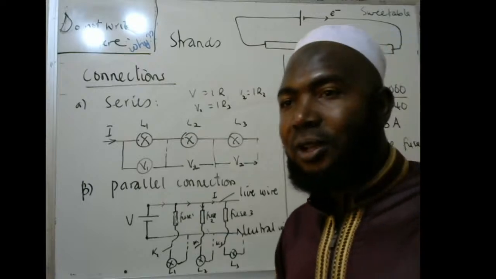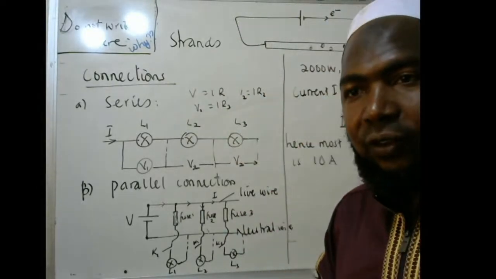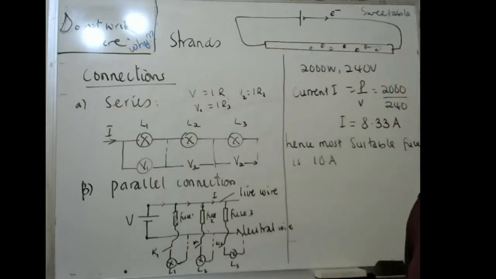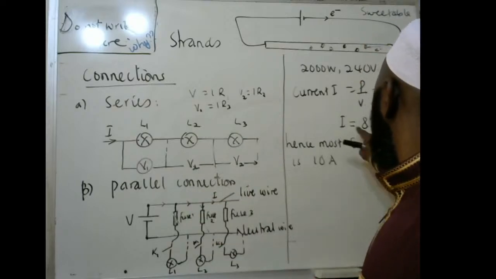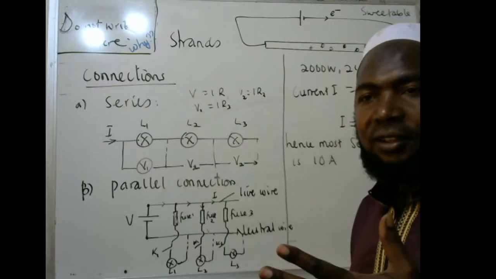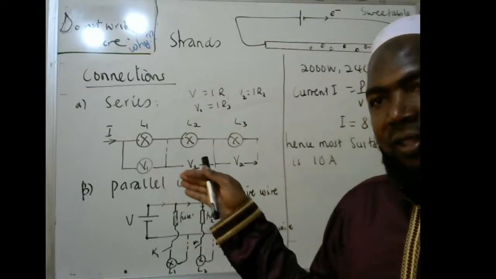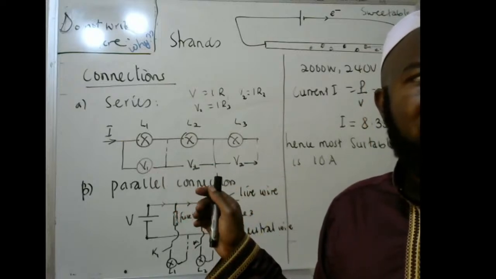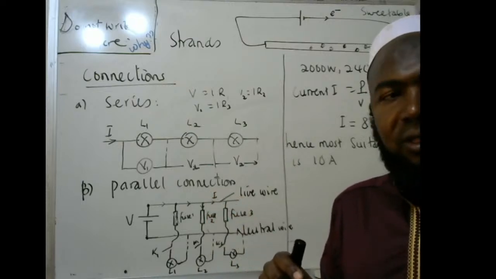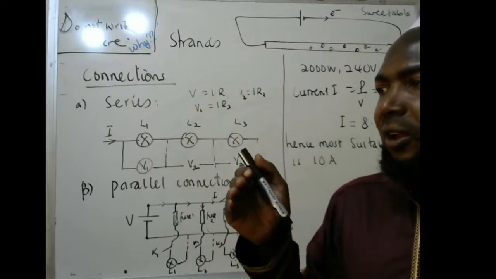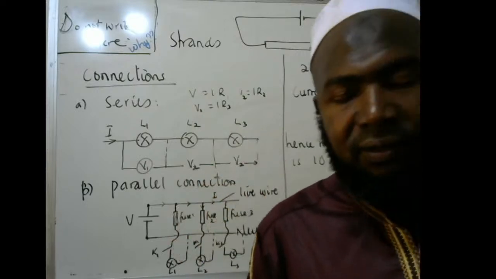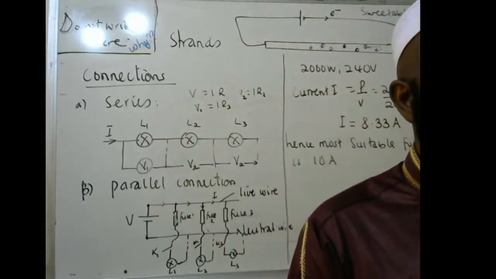We look out for a whole number that's slightly greater than 8.33, because usually fuses are 5, 10, 15, 20 of that sort. So therefore we look out for a whole number value that is slightly greater than the current supplied in that certain appliance.